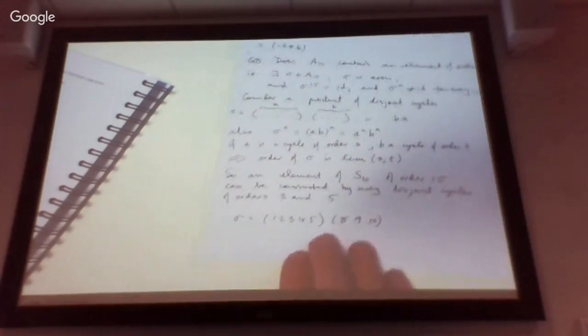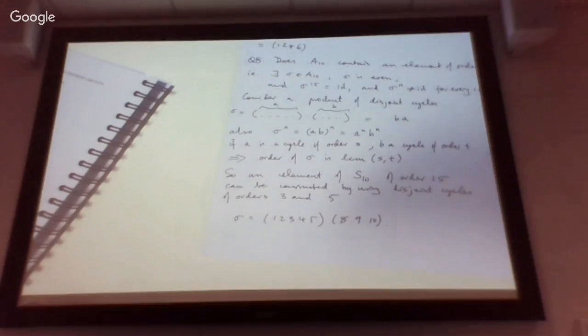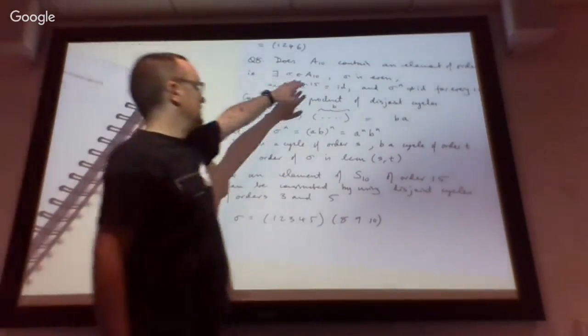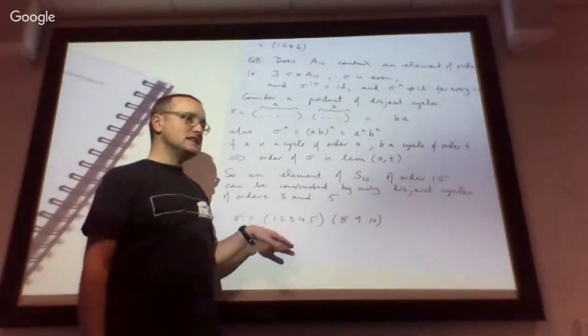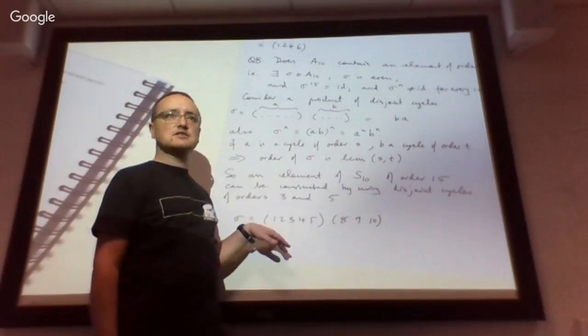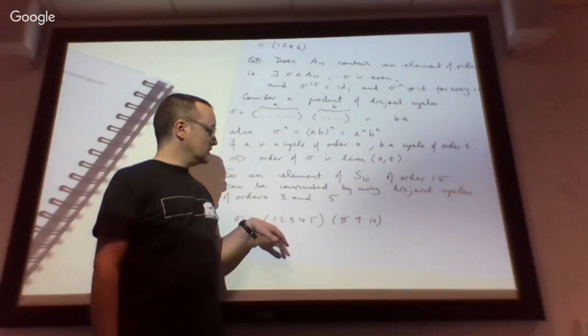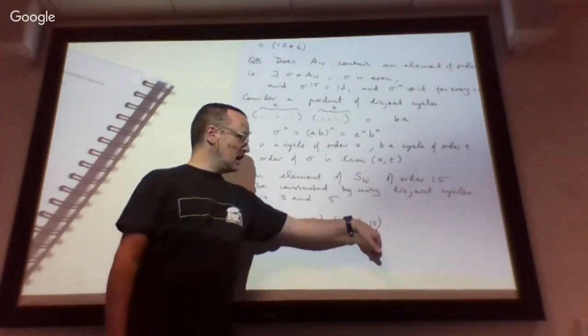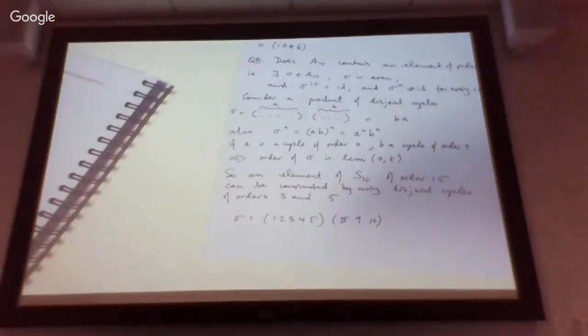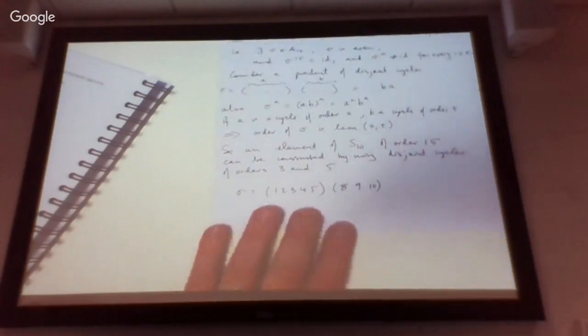Then we can worry about, is this an even permutation? It was asked to be in A10. Well, what's going to happen when we decompose this into a product of cycles? Each one is a cycle of odd length, and that is an even element.